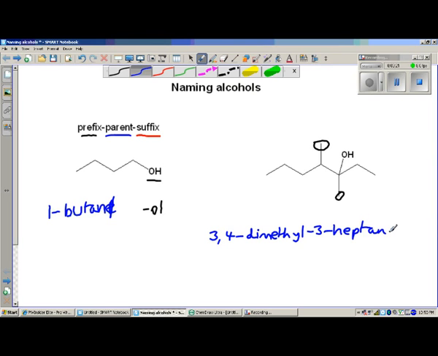And you can see once again, this is following our triple-barreled naming convention. We have the prefix, we have the parent name, and we have the suffix. And notice the location number for each of our species, with the comma separating numbers, and the hyphen separating numbers and text. Okay. All right, let's move on to something else.